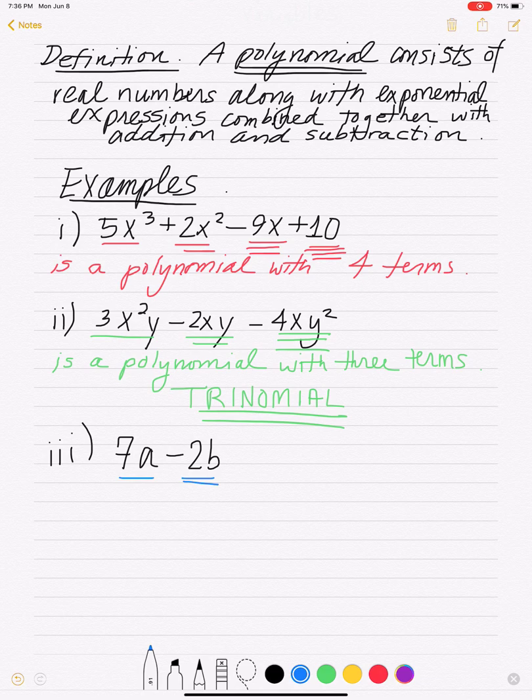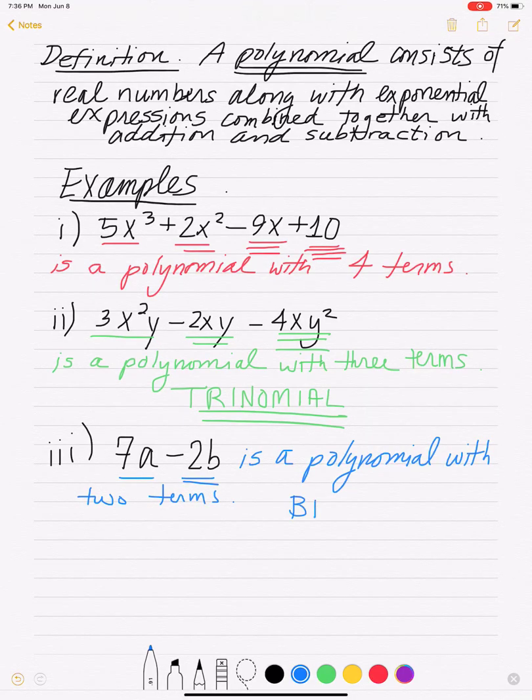This is a polynomial with two terms. We call such polynomials binomials. Bi meaning two. A two-term polynomial: binomial.